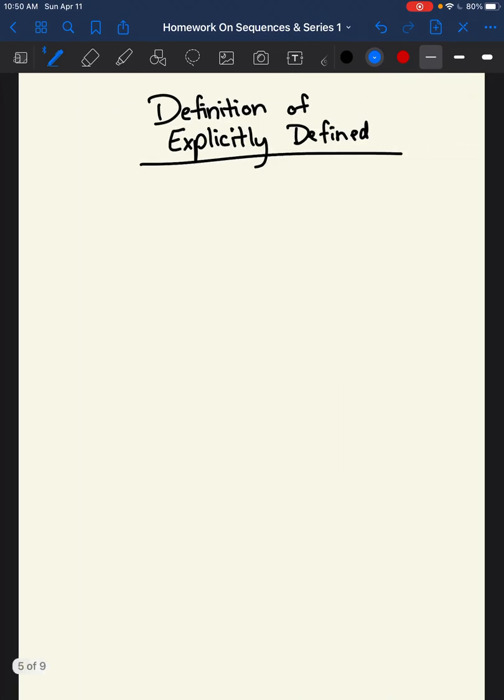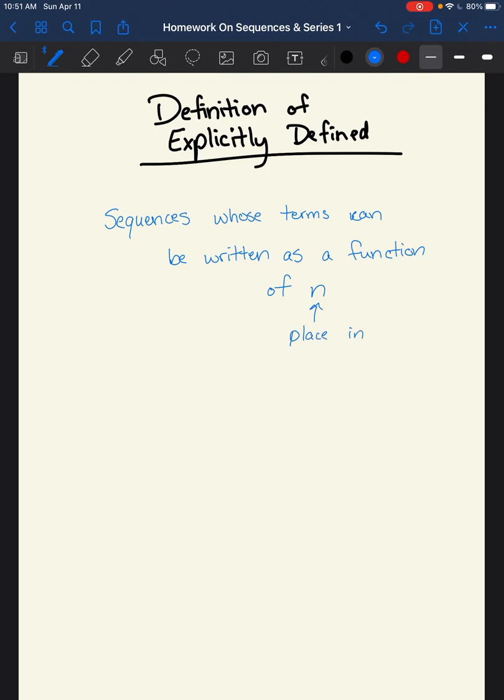So I'm going to talk about how we can describe sequences, which don't always have patterns, but I'm going to try to illuminate some of the ones that do have patterns. So the definition of explicitly defined will be sequences whose terms, whose individual elements, can be written as a function of n, as in its place in the sequence.